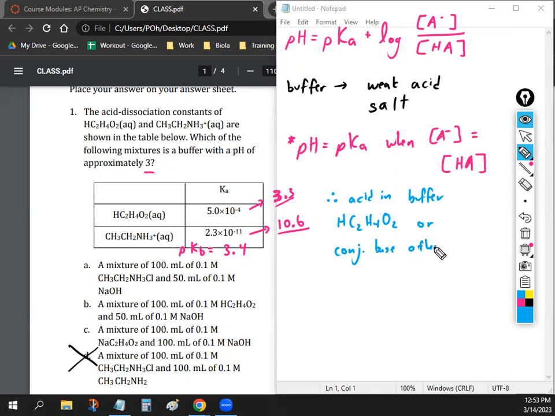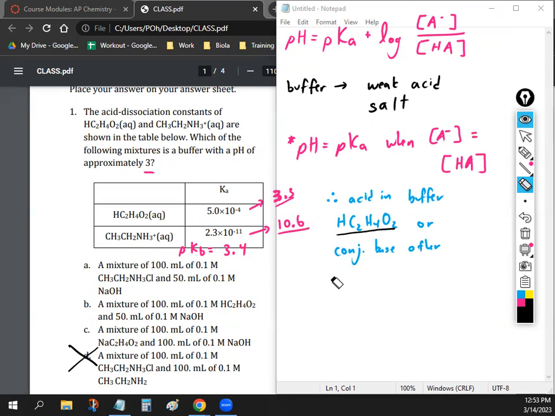So you can automatically figure out that the acid in the buffer is going to be this or the conjugate base, so you add a hydrogen, right? Or the conjugate base of the other compound. It's not that one, but it might be helpful in a different problem. Not on your test, but on the AP test or whatever.